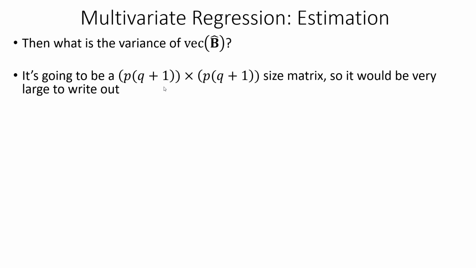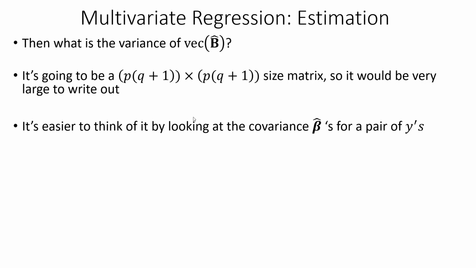So the length of this vectorized B is p times q plus 1, and that means the variance matrix is going to be p times q plus 1 by p times q plus 1. In our example, p was 4, q was 4, so we'll end up with a 4 times 5 by 4 times 5, or a 20 by 20 matrix. So these things are going to be very, very large when we calculate them, and it's often difficult to write them out in their entirety.